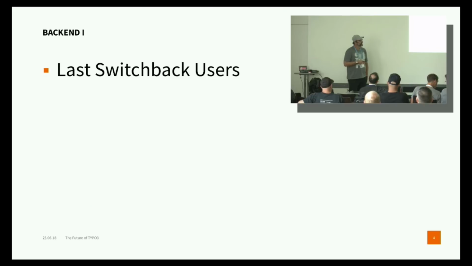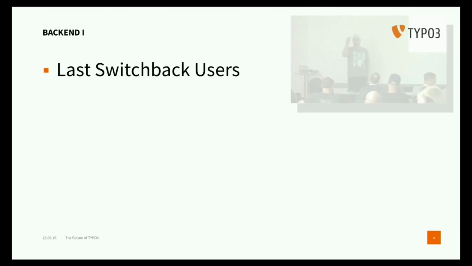So first off, there's the switchback for the last used user in the switchback mode. You might know that you can impersonate another user in TYPO3's backend, and if you do stuff like editing permissions or something along those lines, you keep switching back and forth between two accounts all the time.